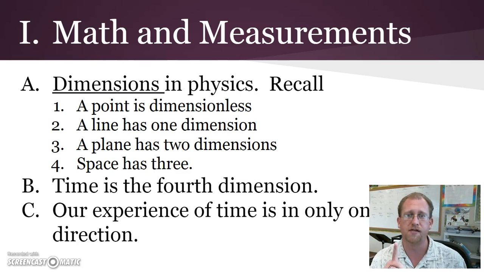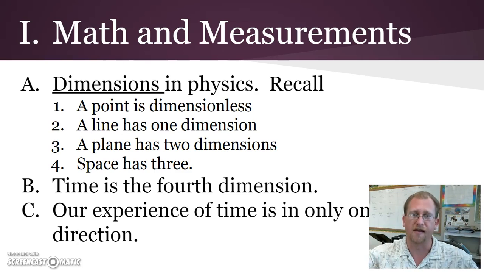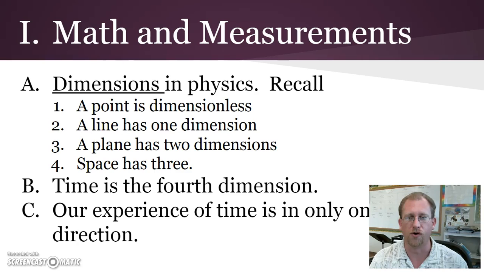So a line has 1 dimension, and then if you have 2 lines that intersect, you can create a plane, which has 2 dimensions, like a piece of paper or a bed sheet or a curtain. This has 2 dimensions. It goes left and right and up and down, but does not have any depth.